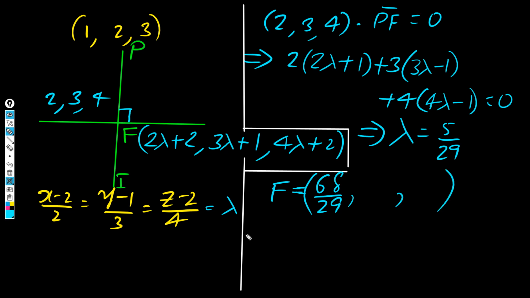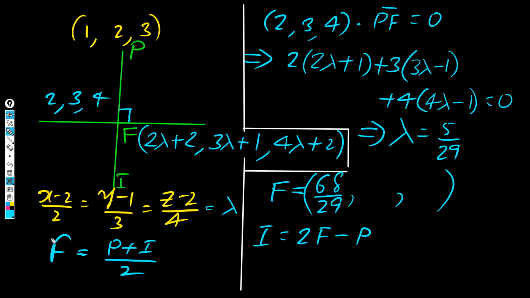Now, I is nothing but twice of F minus P. How? Because F is the midpoint of IP, that is P plus I by 2. Simple concept, midpoint.